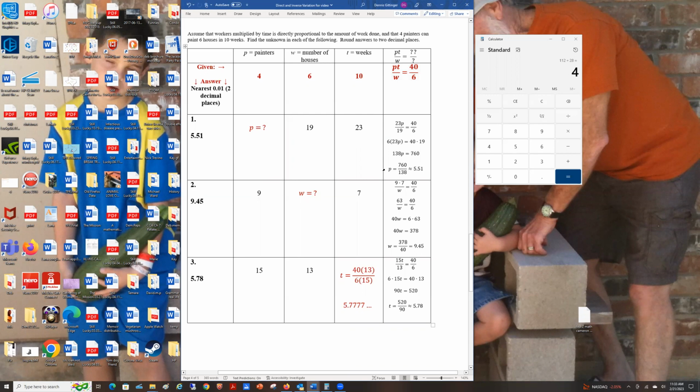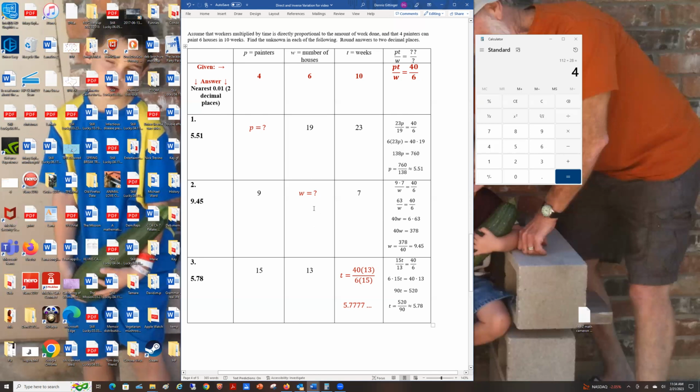And in fact, for all of these kinds of problems, with this data, they're all going to have 40 over 6 on one side, which is kind of cool, especially if you do it in this format. All right, so then you multiply 6 times 23P must equal 19 times 40. And again, you can multiply those 6 times 23 together and 40 times 19, or you can just say 40 times 19 divided by 6 divided by 23, and you're done.